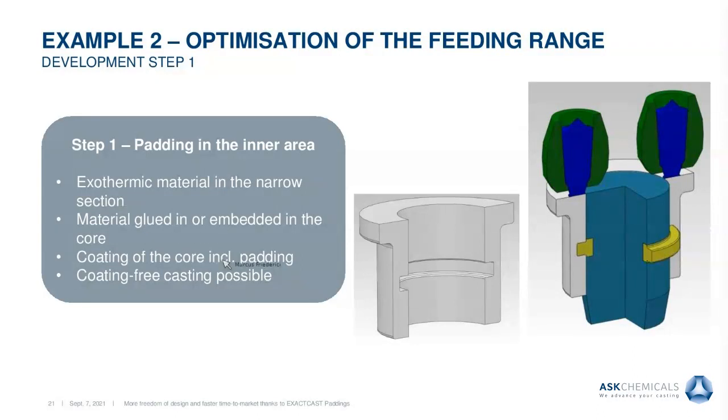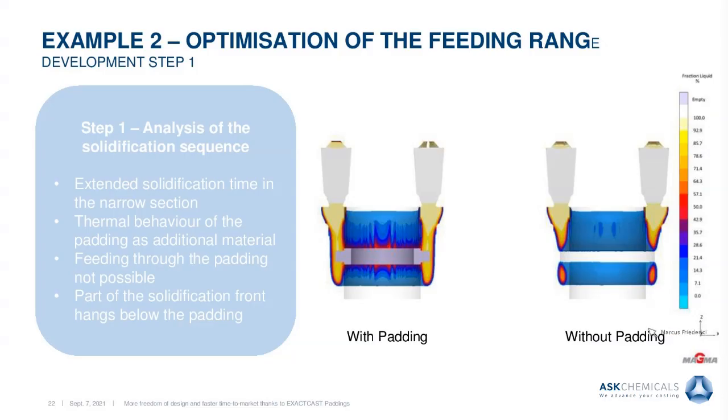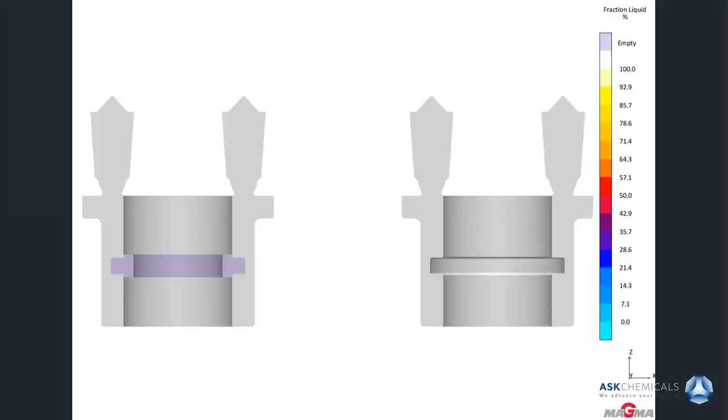This can be done by gluing, or you can also shoot this, or whatever your process is able to do. You can coat this or leave it coating-free. Both are possible, as best fits your process. So let's check the results in our simulation.